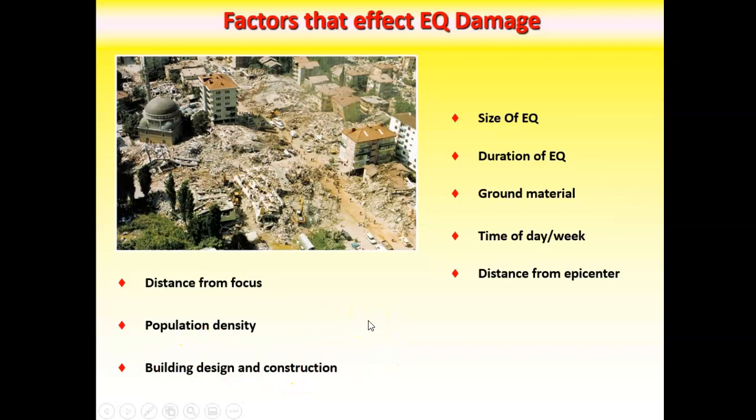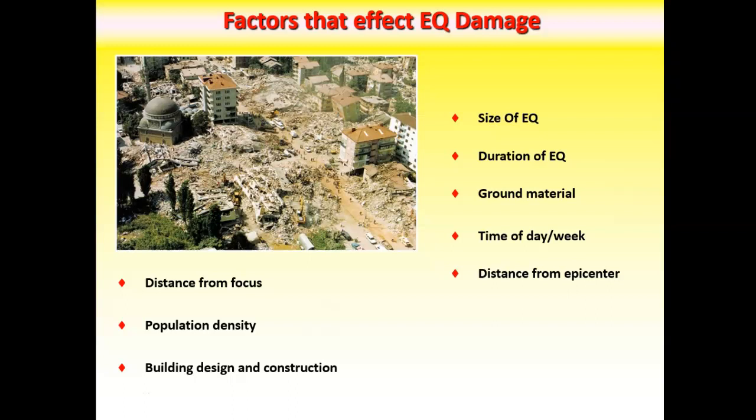One of the things you'll hear commonly when we talk about damage or death that occurs during an earthquake is that earthquakes don't kill people, buildings kill people. Because let's face it, if you were in the middle of an open field and an earthquake occurred, even if it was severe and right near you, you might fall over because the ground is shaking so hard. But the earth's not going to open up and you're not going to fall into a crevice like in the movies.